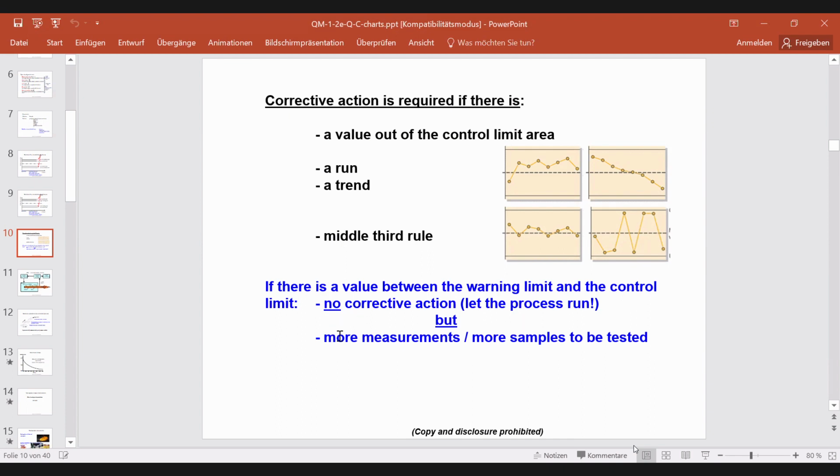In general, if there is a value between the warning limit and the control limit, there is no corrective action. So they let the process run. If there are warning limits, so no tolerances, only more samples have to be tested. This is what I told before in the sheet before.